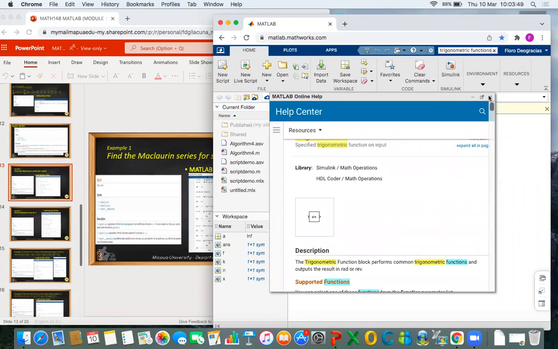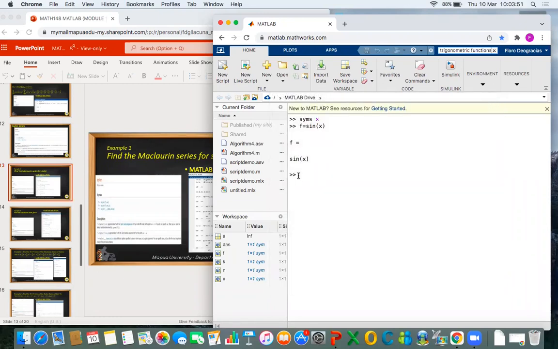So let's go back to our problem, class. We will now use Taylor. Here we have capital T equals Taylor. So you can directly use Taylor: Taylor f, comma, variable x.